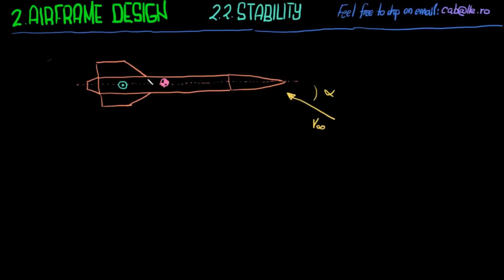We'll treat it as if the rocket is still, and the velocity of the wind, or better said, the incident velocity of the air, would be due to the velocity of the rocket plus the velocity of wind, and plus we'll see some other terms which are not so obvious, but basically this incident air is due to the movement of the rocket plus the one of the wind.